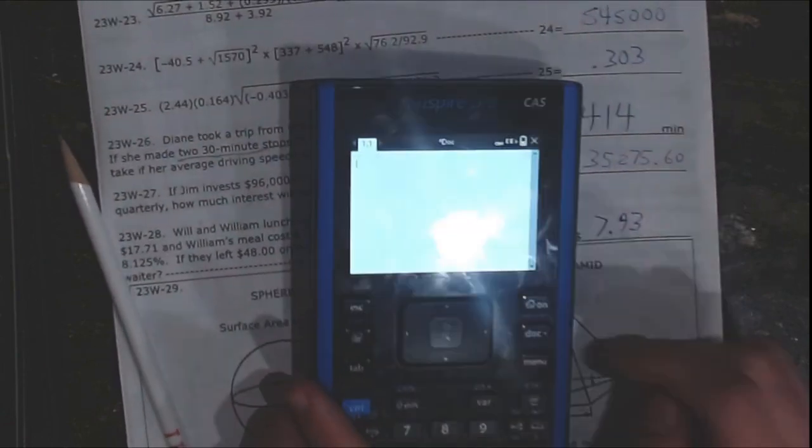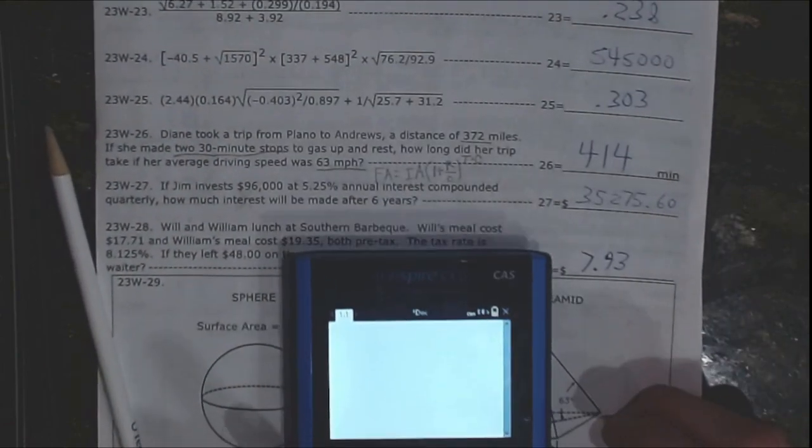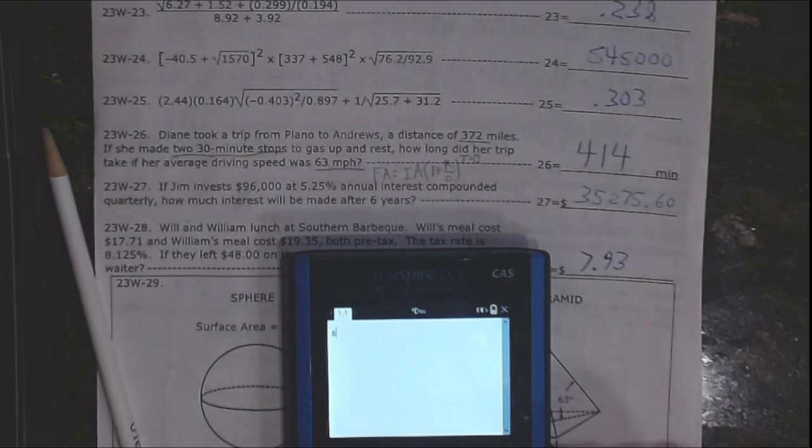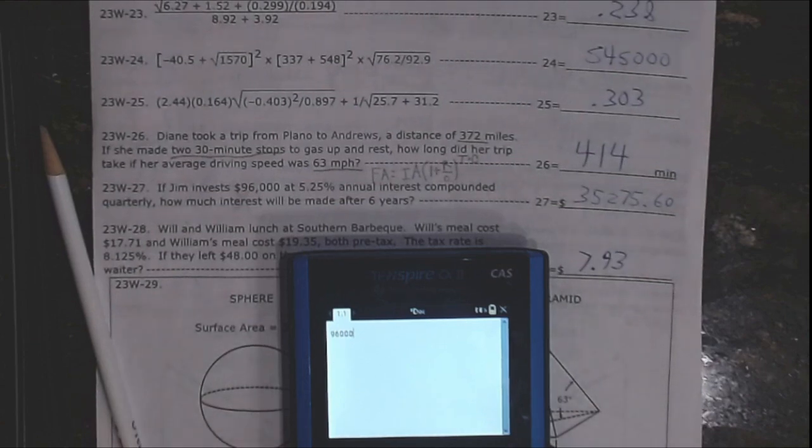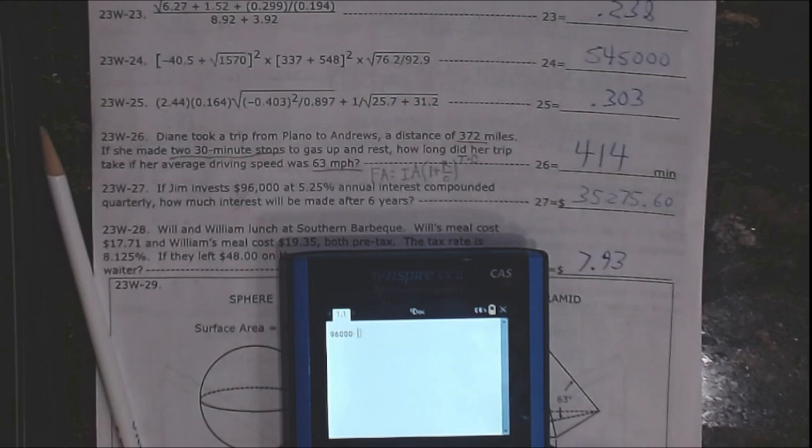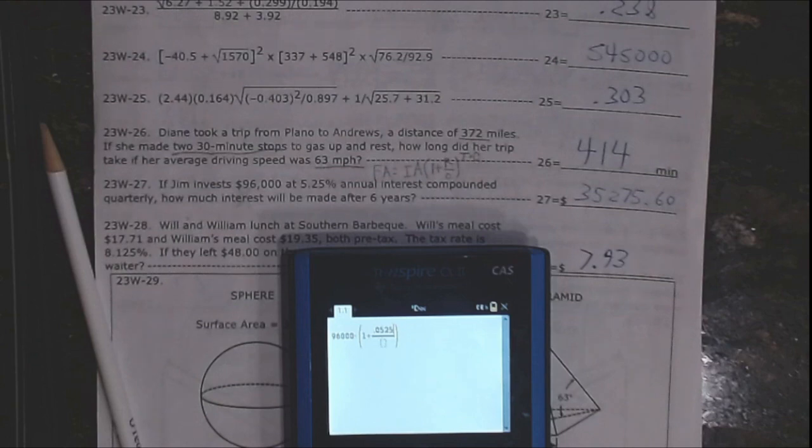And so I can write this on my calculator like this. So to get that final amount that Jim has, I'll take the initial amount of money he had, which was $96,000, times, I open parentheses, 1 plus our rate, which is 5.25%, so I can write that as 0.0525.